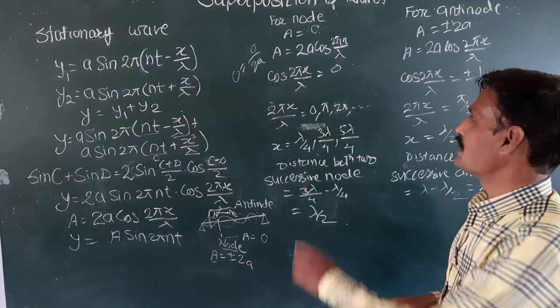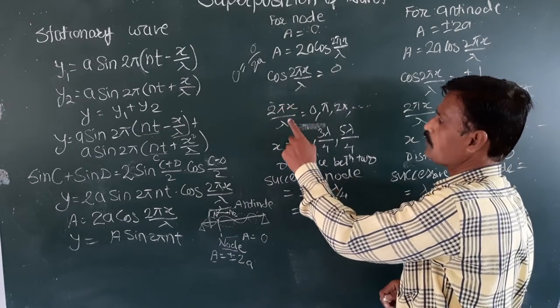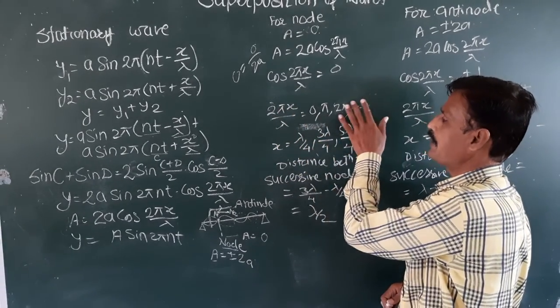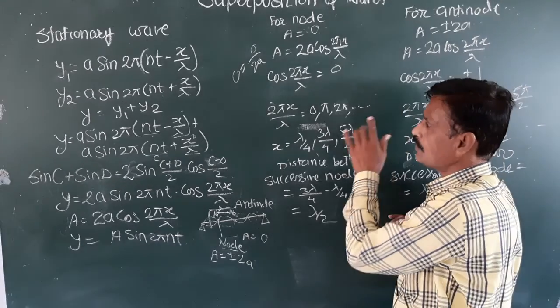This means that 2 pi x upon lambda must be equal to 0, pi, 2 pi and so on.